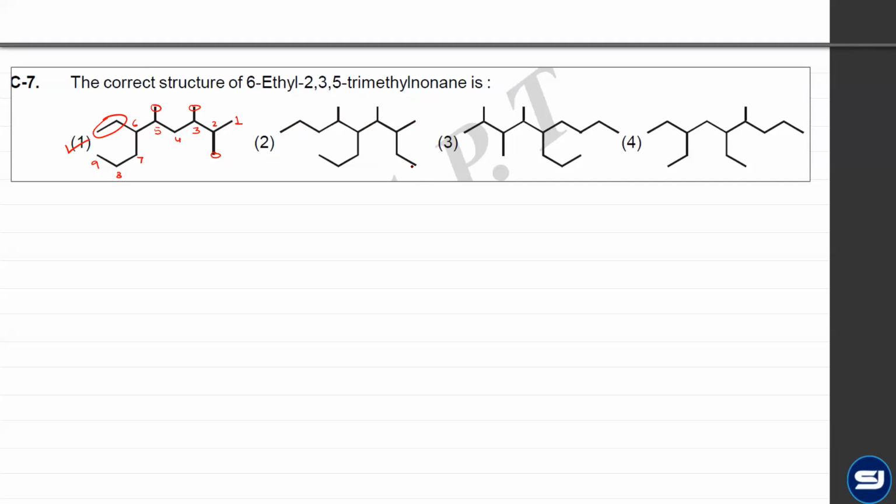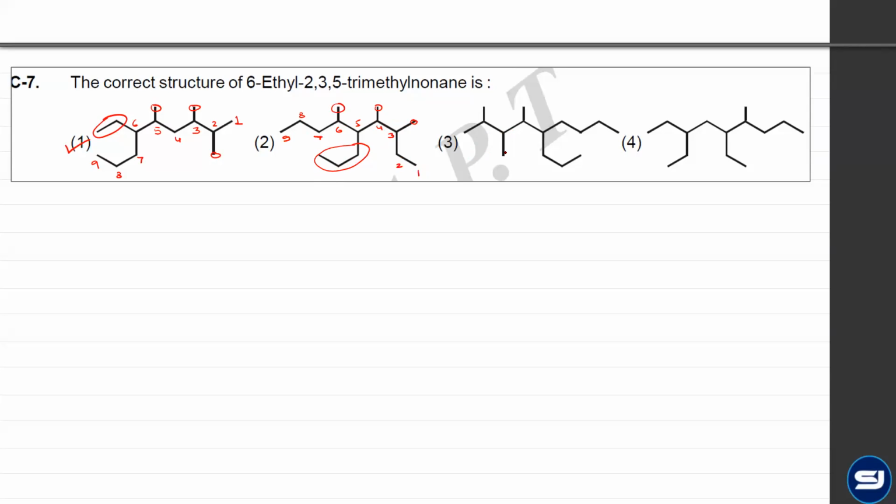And you will number this chain from left or right bottom. So it will be 1, 2, 3, 4, 5, 6, 7, 8, and 9. And you have a substituent as methyl. Which will be this substituent? N-propyl, or 1-propyl, you can write in IUPAC.